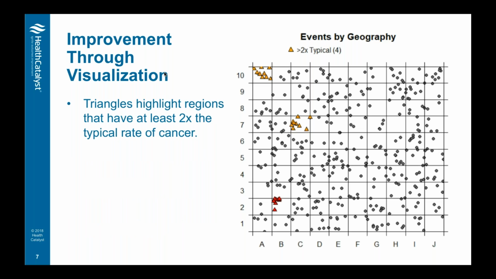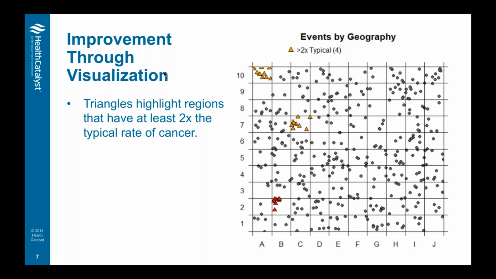What we're looking at right now, again, we haven't changed the data at all, but what we've added is we've highlighted those regions that have more than 2 times the typical number of cancers. So anything where you see an orange triangle represents having at least double the 4 cancers that we observe on average. And the red one is the region that has the single highest cancer rate.